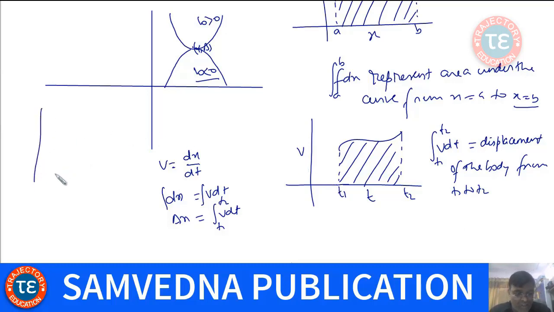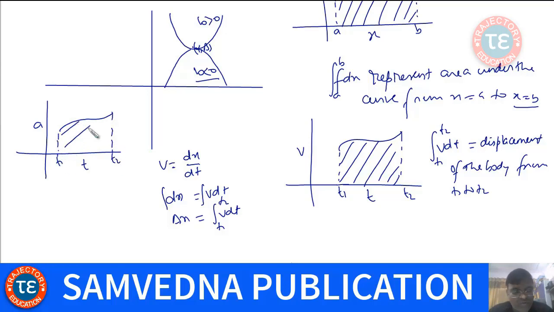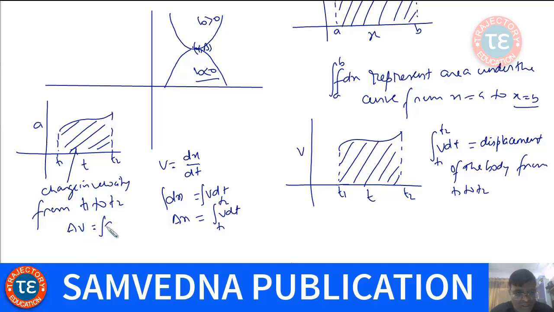Similarly, if it is an acceleration versus time graph, and this is t1 and this is t2, then this area will represent the change in velocity from t1 to t2. So that is giving you delta v is the integral of a dt from t1 to t2.